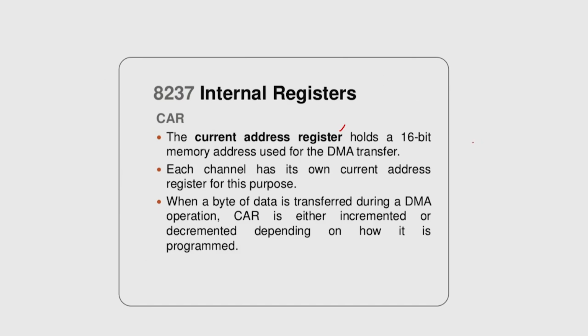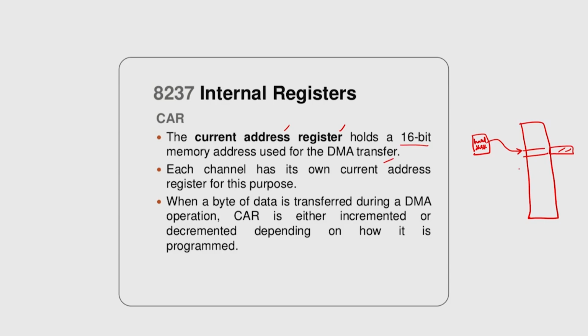If you want to transfer data from a peripheral such as a hard disk to memory, where does the first byte have to be transferred? What is the address of this one? This will be decided by the current address register. This holds the 16-bit memory address used for the DMA transfer, the starting address.